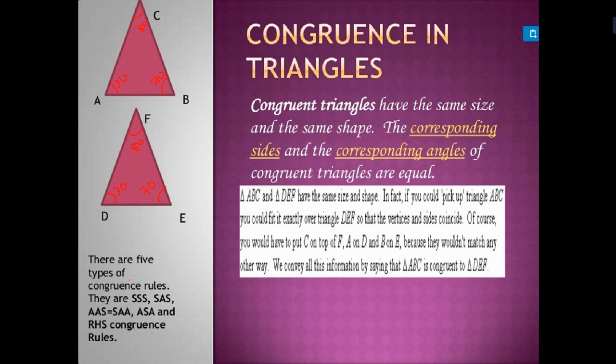So there are 5 types of congruence rules: SSS, SAS, angle side angle, and RHS. Here two triangles ABC and DEF have the same shape and same size. In fact, if you pick up triangle ABC, you could fit it exactly over DEF, so that the vertices and sides coincide.